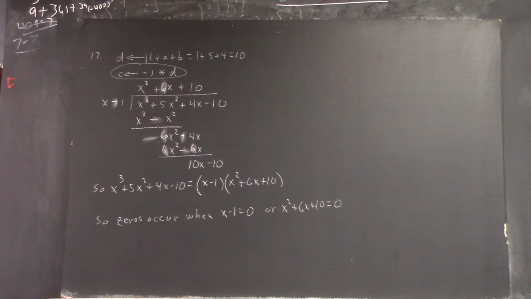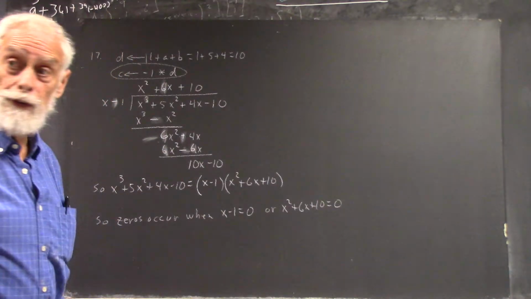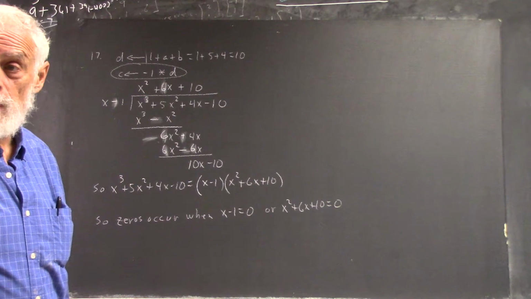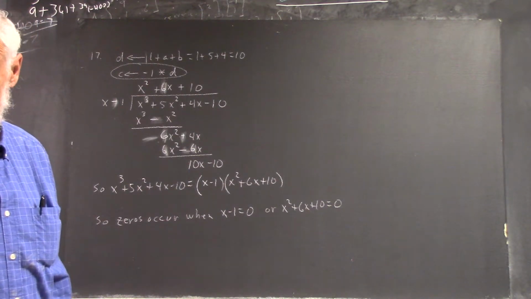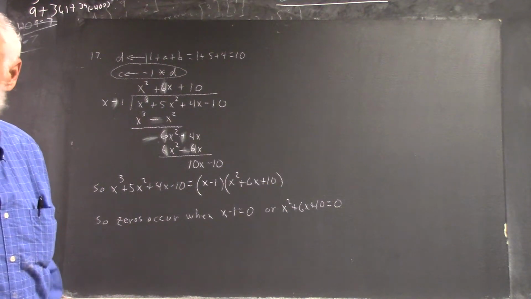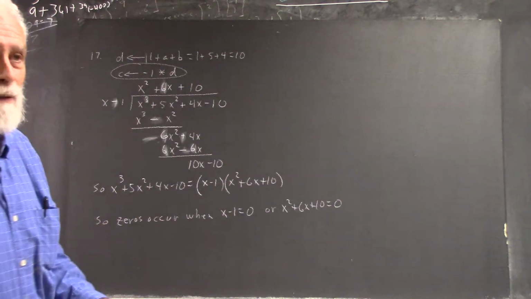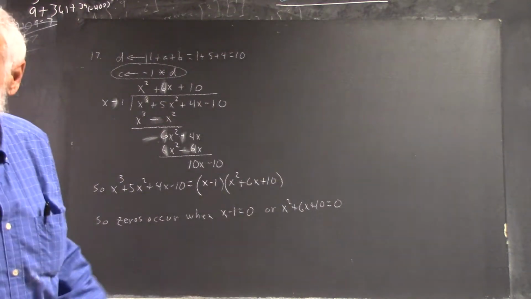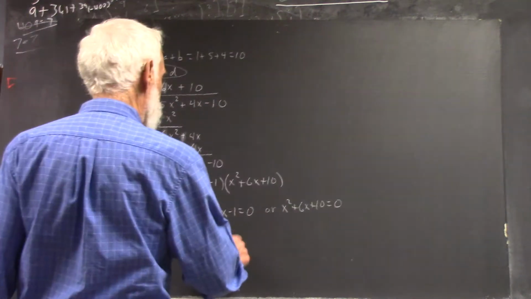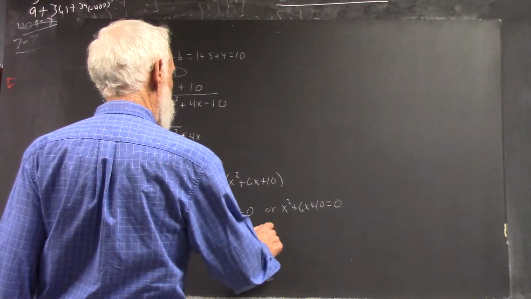That's two equations that we solve. How do you solve x minus 1 equals 0? What operation do you do to both sides of the equation? Addition. Yeah, add what? 1. I knew you knew that. So you add 1 to both sides and you get x equals 1.